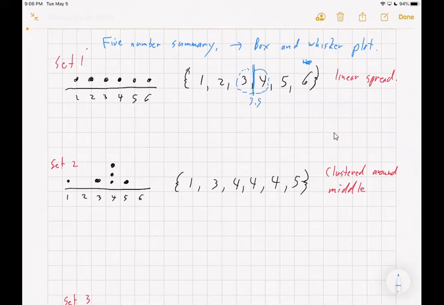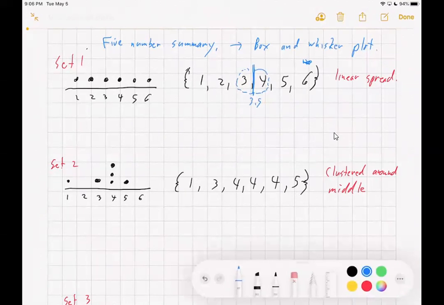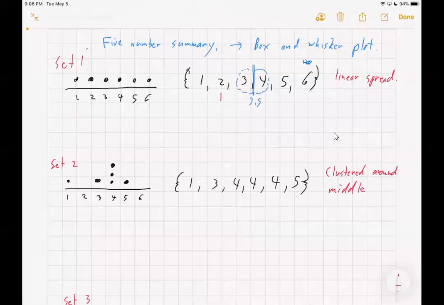So we have the median dividing the data set in half. So half of the data is below the median and half is above, right? Then what we might do is we subdivide each half. So this number here is called Q1, the first quartile.